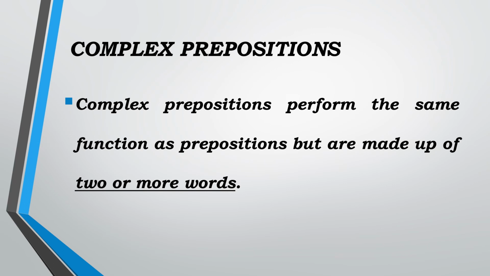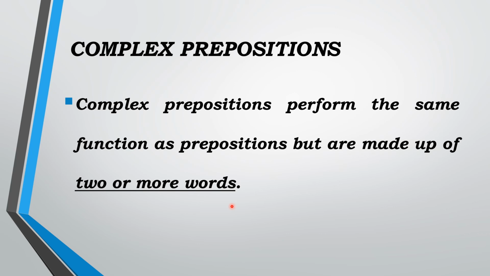Now, as I said you earlier, prepositions are of two types. We have learned about simple prepositions. Now we are moving on to complex prepositions. Complex prepositions perform the same functions as prepositions, but they are made up of two or more words. When you learned about simple prepositions, you would have come across single words, right?